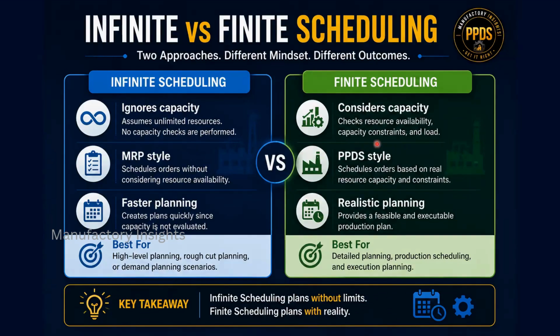But finite scheduling works differently. PPDS checks actual resource availability and capacity before confirming a schedule. If capacity is unavailable, PPDS identifies conflicts and helps planners resolve them. This makes finite scheduling far more realistic for manufacturing operations.